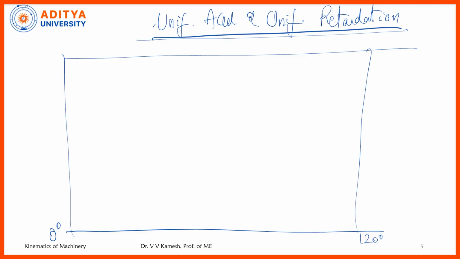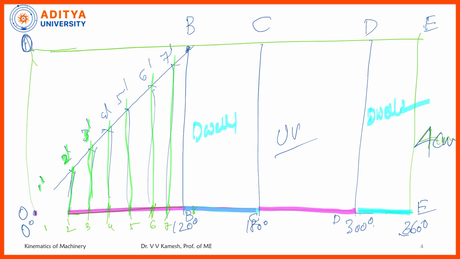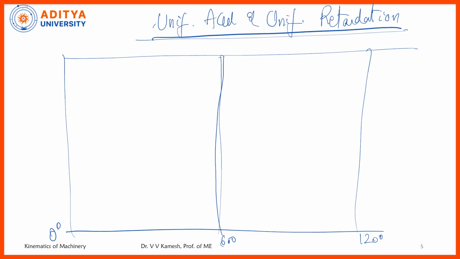Here I need not draw any semicircle. But you divide this 120 degrees initially into 2 equal parts, so the center line will be at 60 degrees. Now, on the center line, you divide again into 2 equal parts, right?